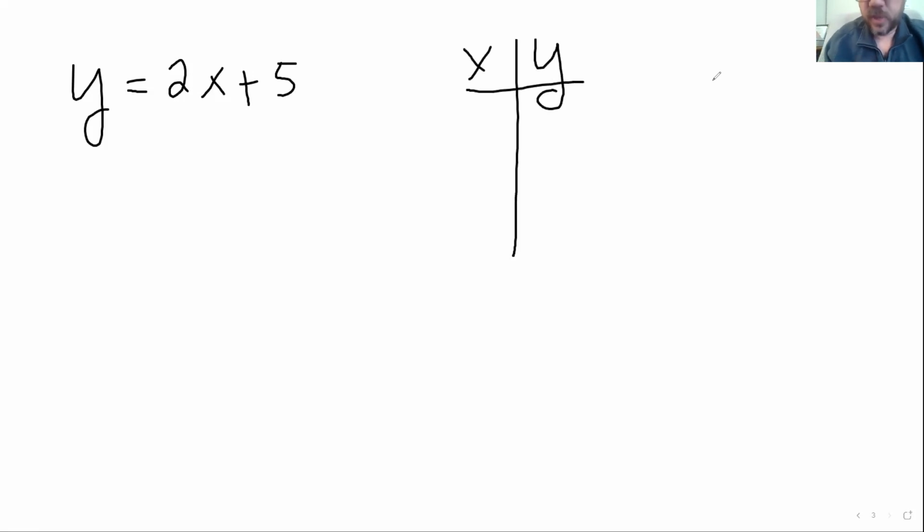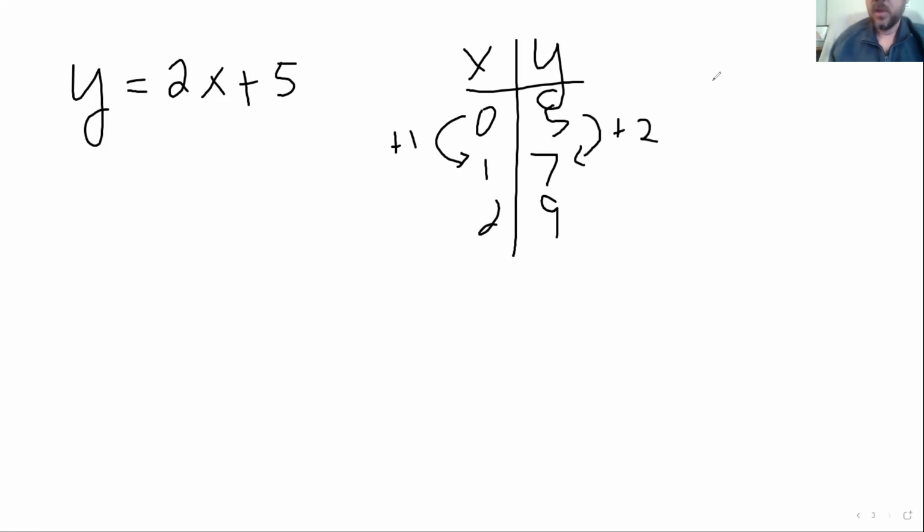I'm sure you've done this a million times, but I still just want to do it. 0, 1, 2, right? So if x is 0, y is 5. If x is 1, y is 7. And if x is 2, y is 9. So when x increased by 1, y increases by 2 each time. And the reason that's happening is because 2 is the slope. And that's the way you want to think of slope. Slope is how much y changes when x changes by 1.